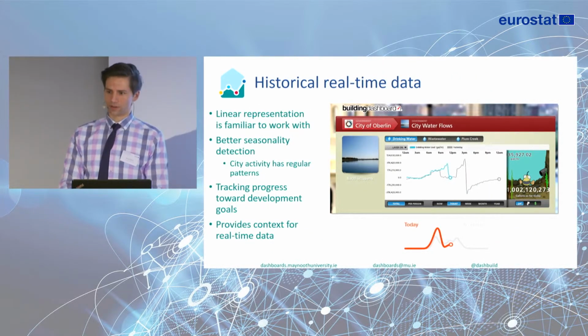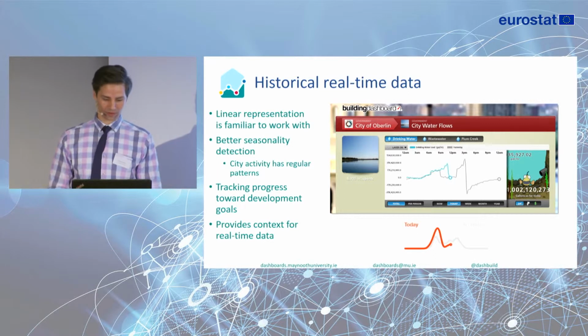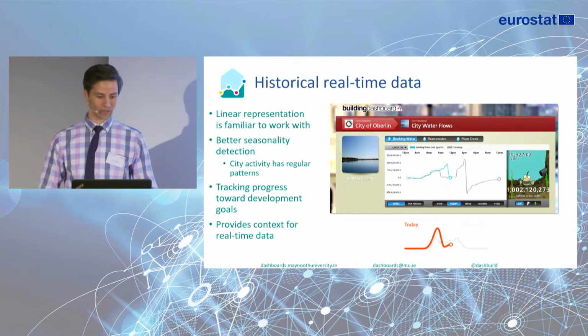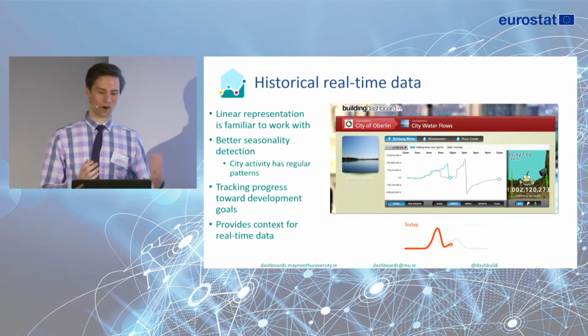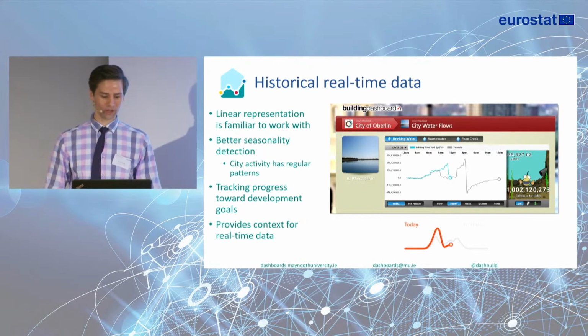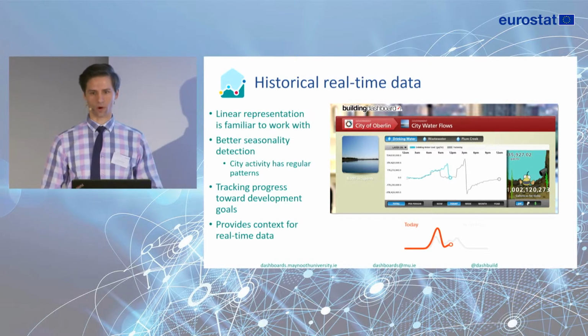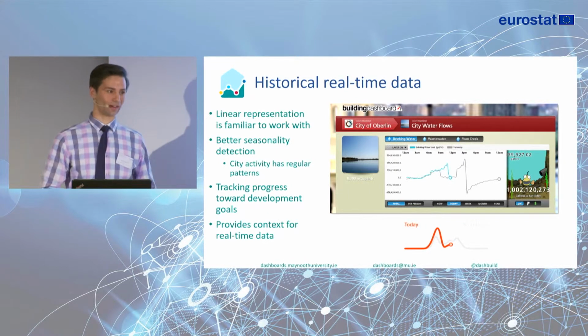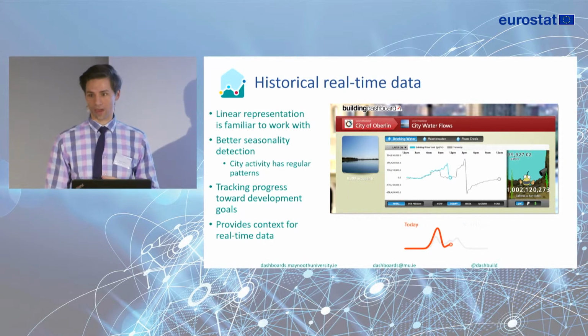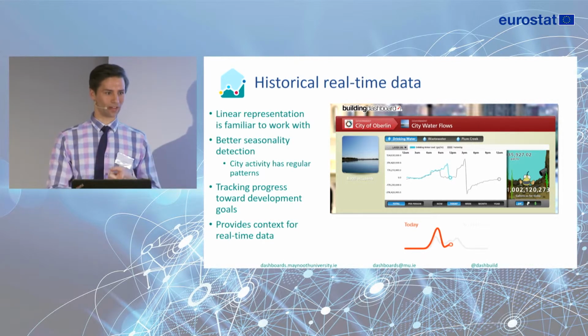The other important, or the final important visualization method would be incorporating historical real-time data or archival data, which provides a new temporal context for current measurements, as well as enabling other things like detecting periodic patterns, which are frequent at multiple scales in the city, at the daily scale, at the weekly scale, and the seasonal scale.